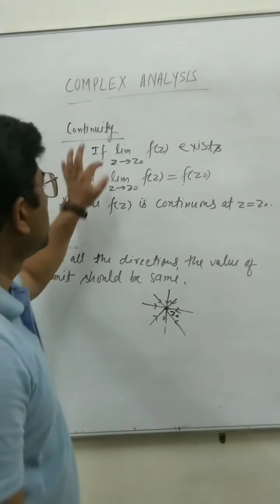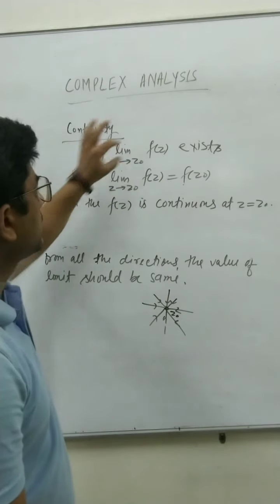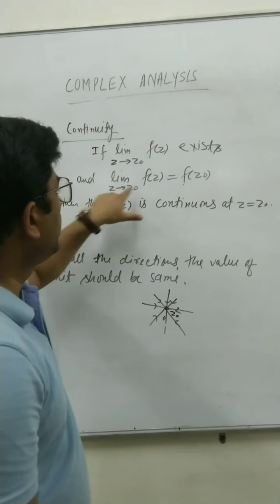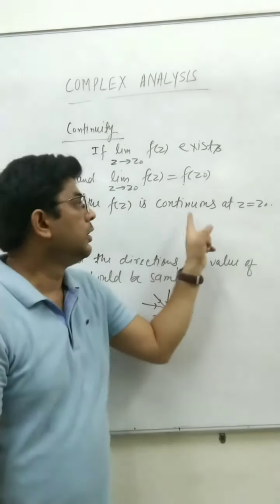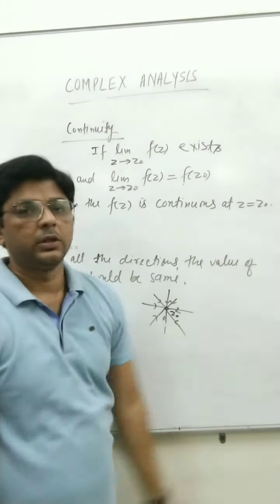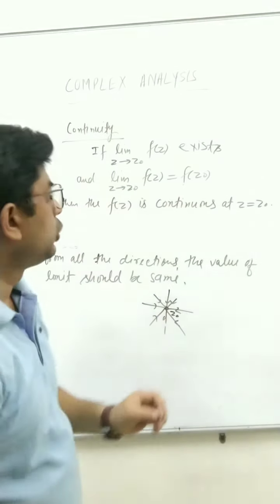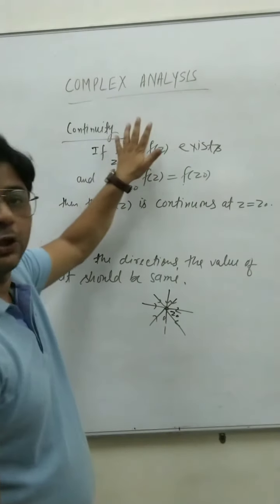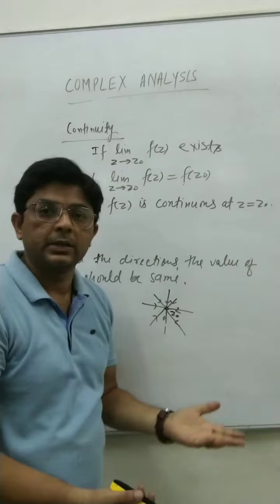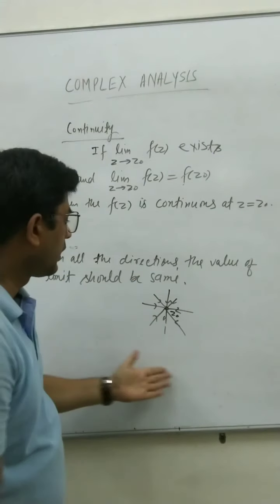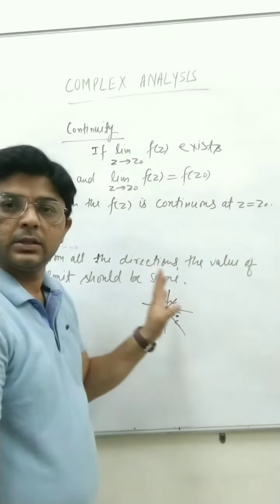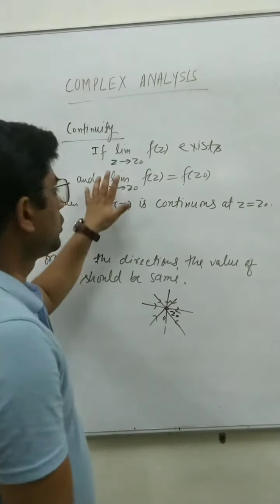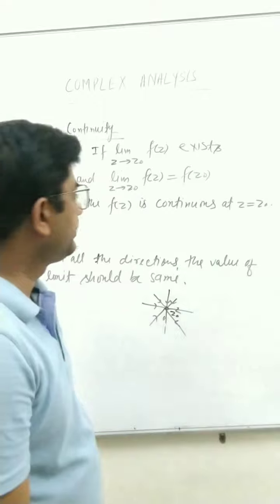So there are two conditions: the limit should exist, and the limit should be equal to the value of the function at z naught. For a function to be continuous, first of all the limit should exist. The limit will exist if by approaching from all the directions the value of the limit is the same. So this is the definition of a continuous function f(z).